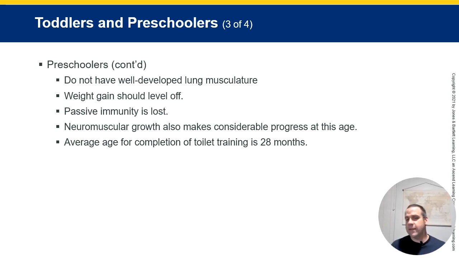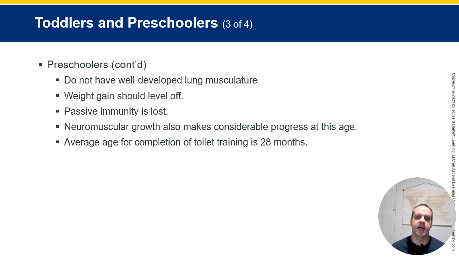However, even though the lungs are maturing, the musculature is still relatively weak, so they may fatigue quickly with respiratory distress. One big milestone during this stage is the loss of passive immunity. That means they start catching every cold and stomach bug as their immune system builds resistance. Okay, but it's actually a normal and really necessary process.